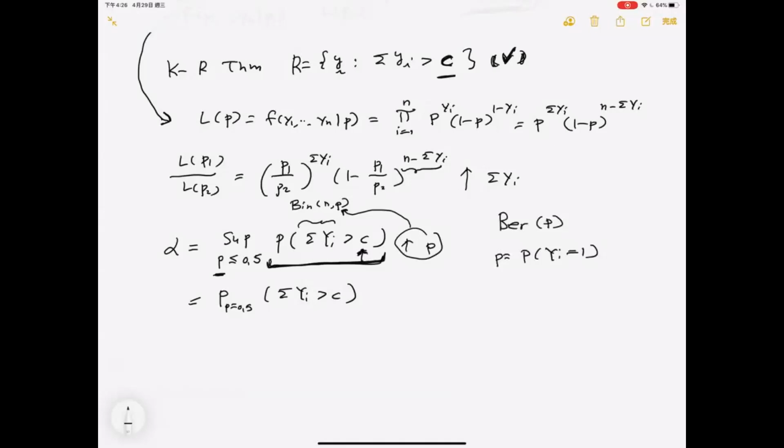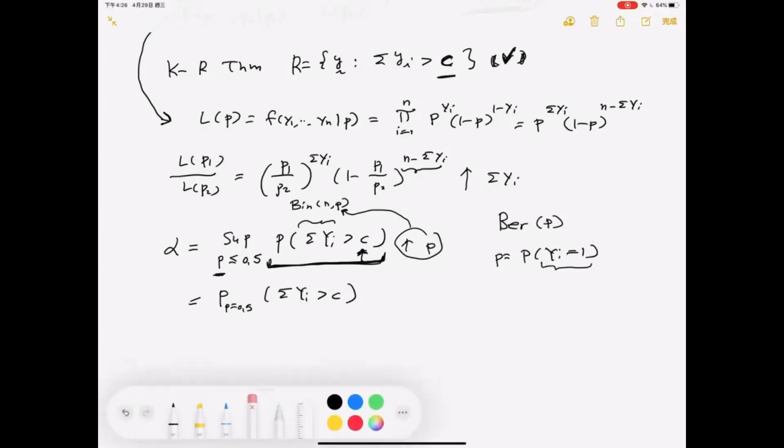So that's the reason why, when p increases, your whole probability of summation y bigger than c increases: you will find more yi equal to 1, such that when you do the summation, it's easier to be bigger than c.